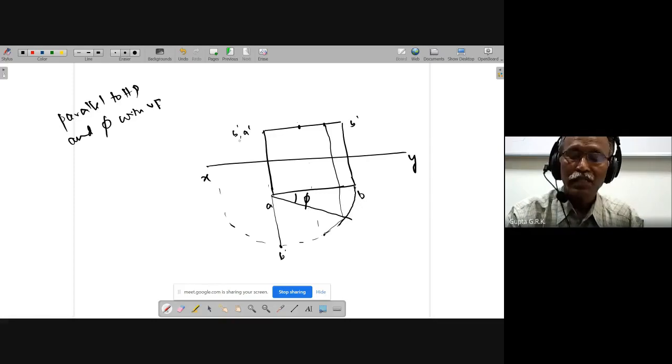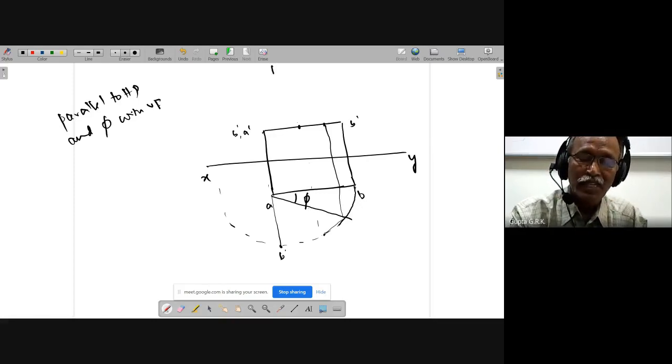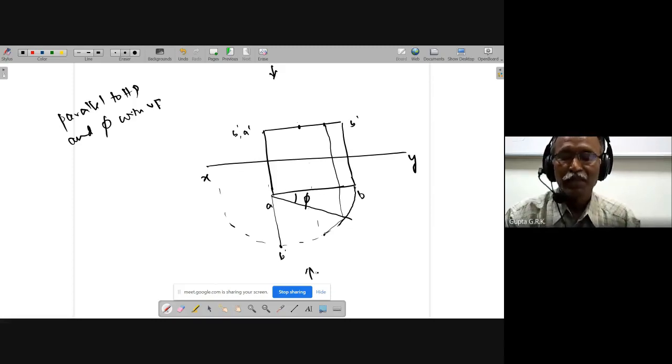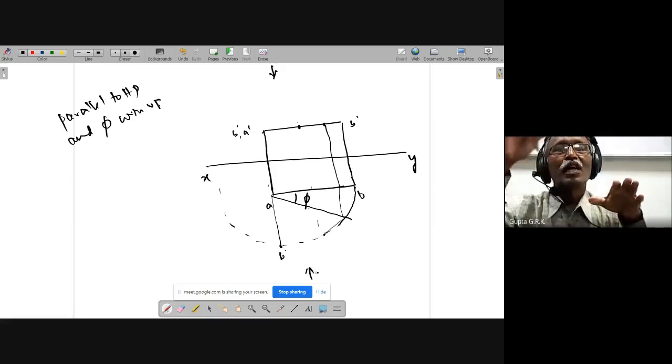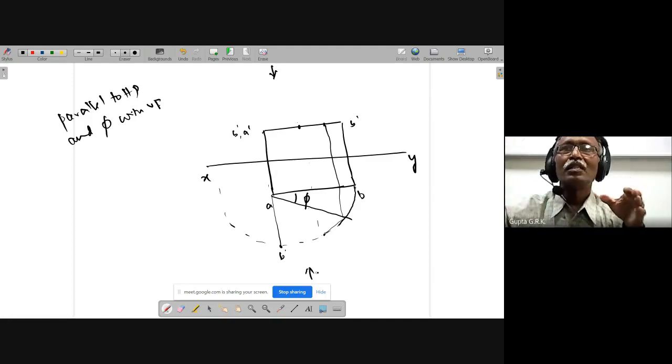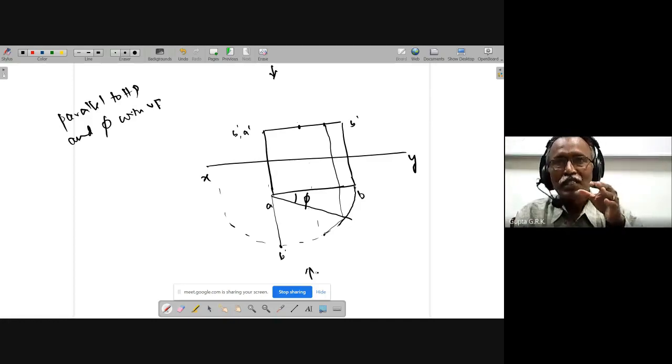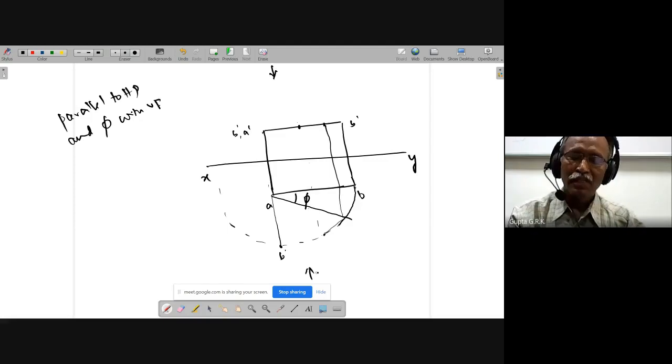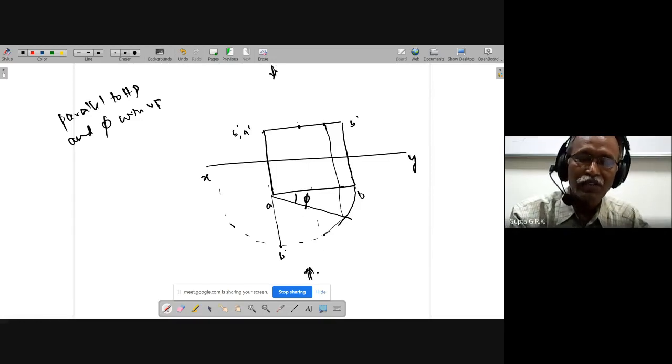Remember again, always the observer stands away from XY. Either he sees from this side or from this side, because when the horizontal plane is rotated down, the observer also comes down and sees from below. So always the observer stands away from XY.